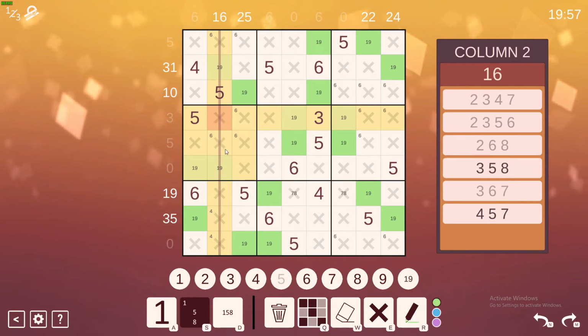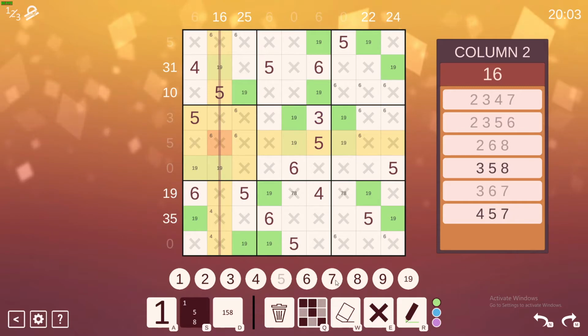Well, this 6 here, we can get rid of that note because none of the remaining ones contain a 6. So we definitely can't have a 6 there. We will have either a 4, 7 or a 3, 8. And I don't think I can narrow that down quite yet.